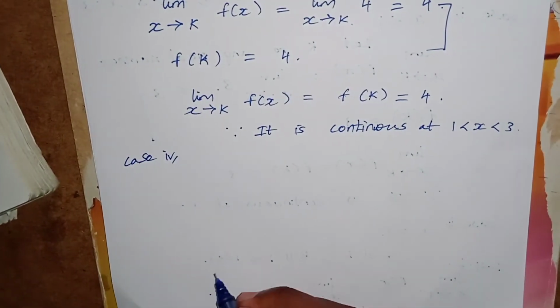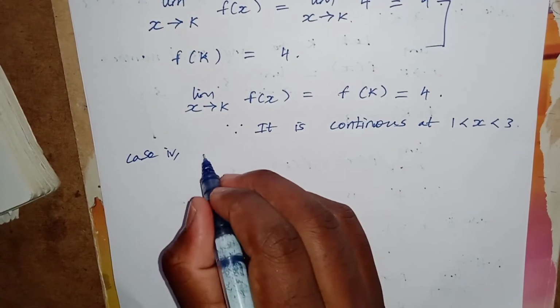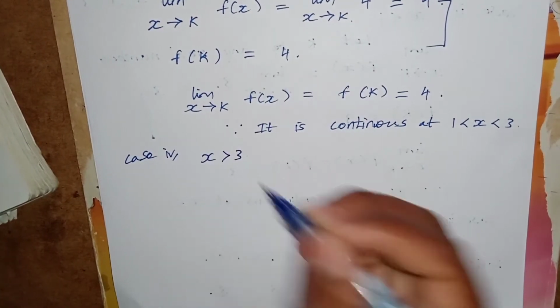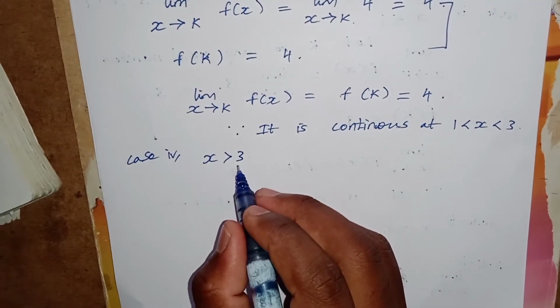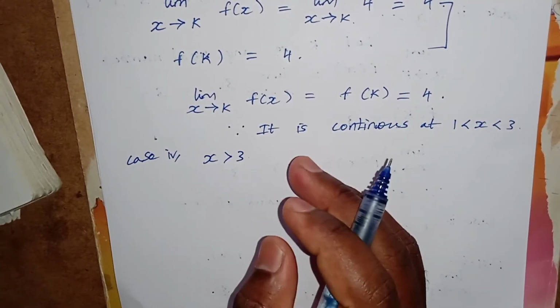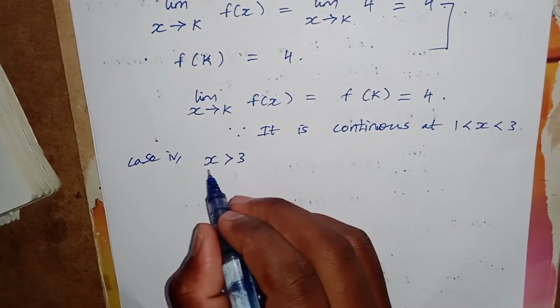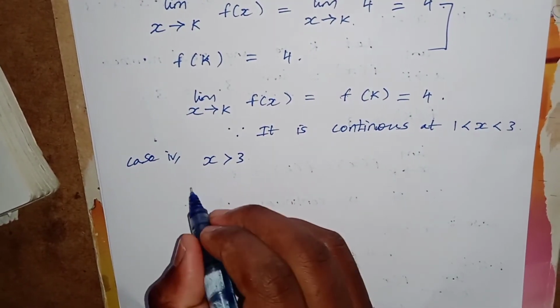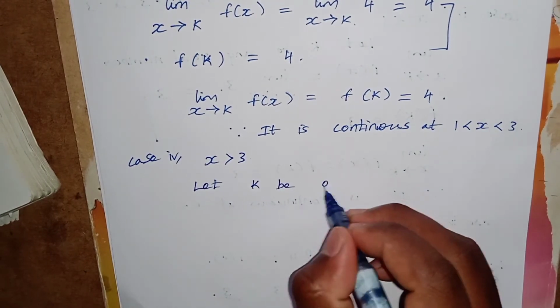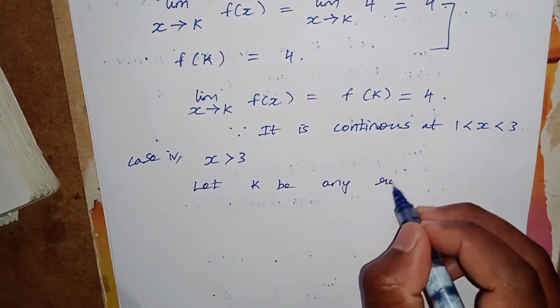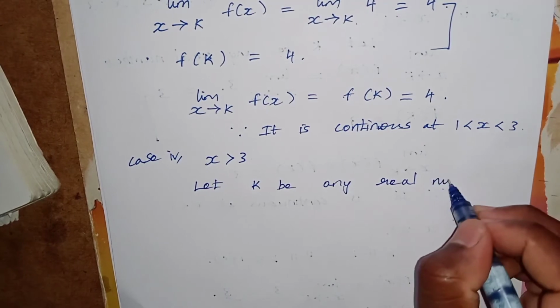Case 4. Here in case 4, x greater than 3. Greater than 3 means you can take 4, 4.5, 5 up to plus infinity, you can choose any value. So I am taking, let k be any real number.